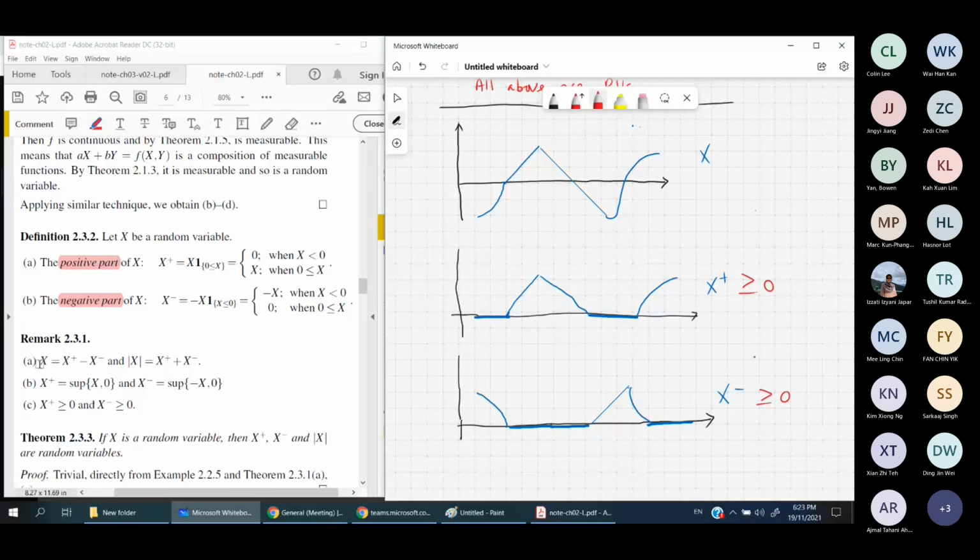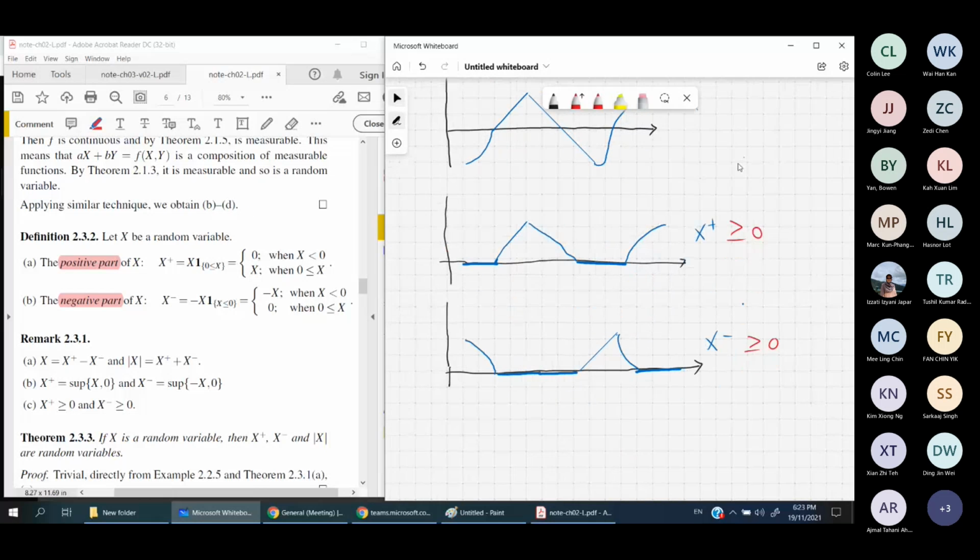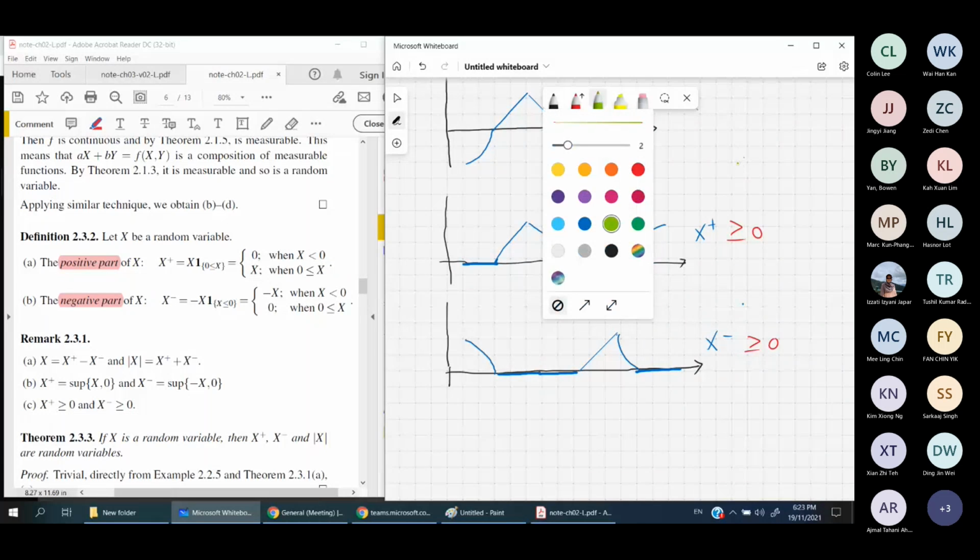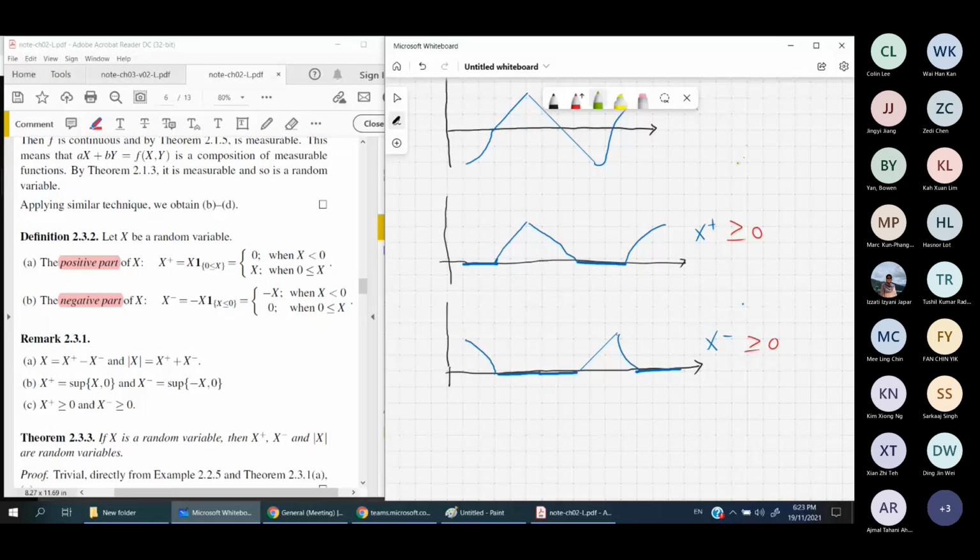We have this formula: x equals x plus minus x minus. You can see when you put a minus, you actually go down. I don't think I need to prove it properly. Let's change the color here instead of the green color. So this is the x. If you look at minus of x, this will be level, no change, since minus of 0 is 0.